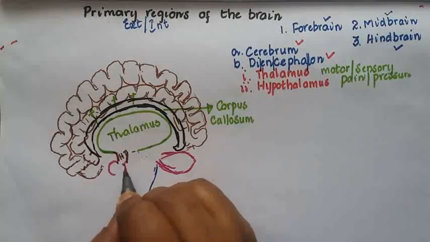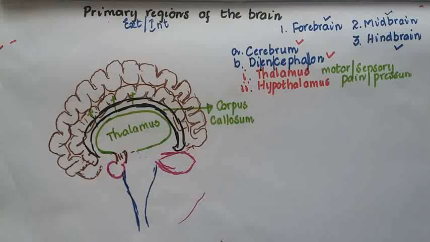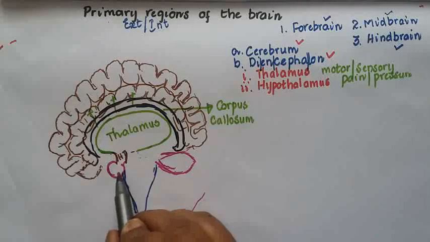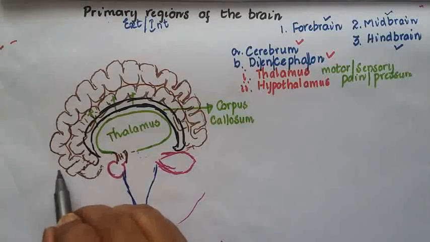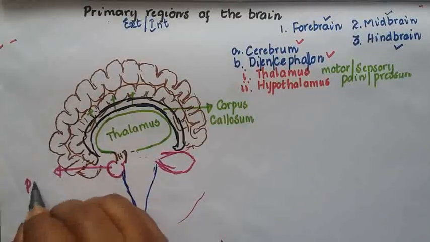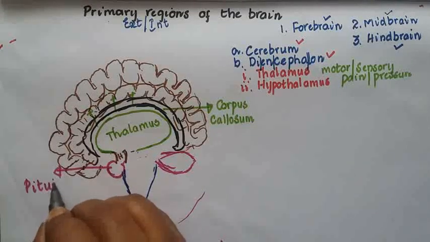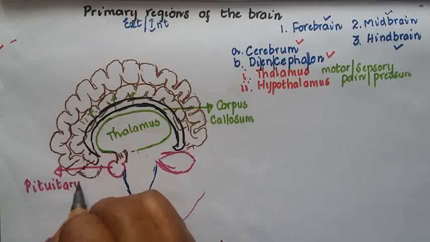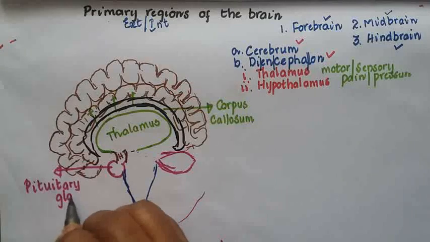And at the base of the hypothalamus, we find one of the endocrine glands. What is the name of this endocrine gland? This endocrine gland is nothing but the master gland. We name it the pituitary gland.